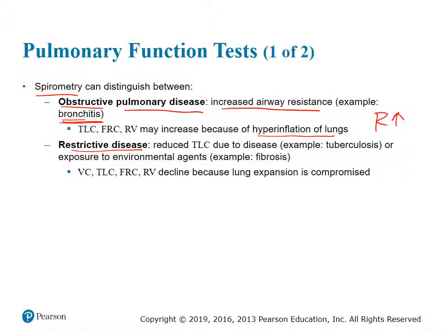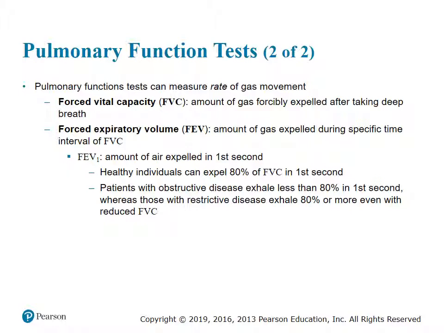Restrictive diseases like tuberculosis and fibrosis block expansion, so expansion gets compromised as well. That's really why these tests are important.